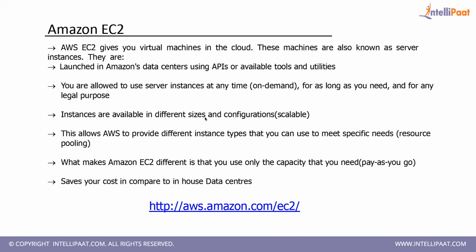If you are in an on-premise environment, you'll have to go and buy all the stuff or lease it. Say after some time, everything is done, you have bought all the hardware, applications are up and running. Now you come to know that you have over provisioned a lot.